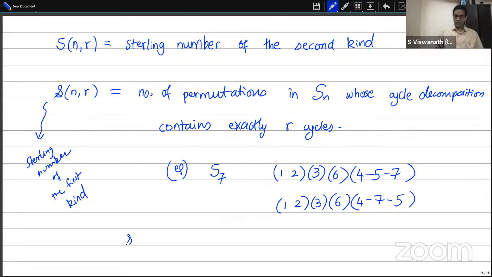So you can already imagine which one is bigger, small s(n, r) or capital S(n, r). Which of these two counts is going to be larger: the number of permutations with r cycles or the number of set partitions with r blocks?